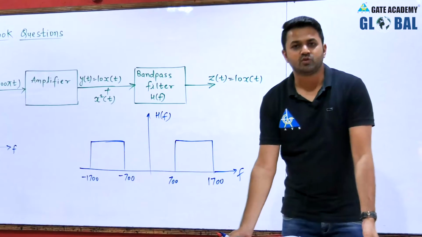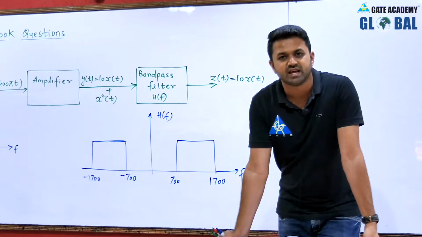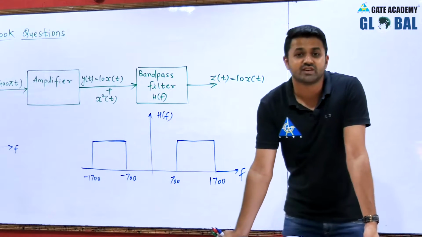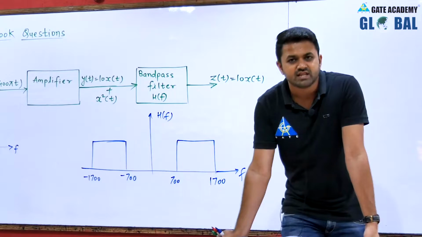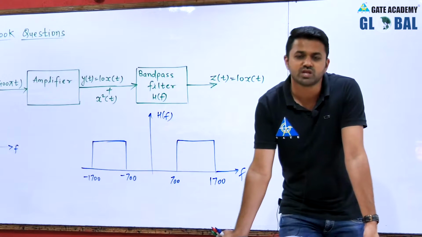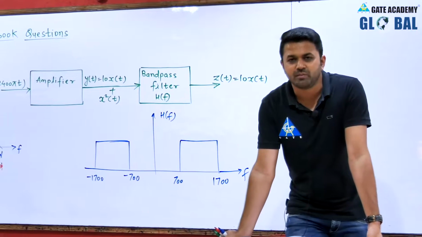Once we know the spectrum of y(t), we can calculate what frequency components are present in y(t), and then we can decide what frequency components will pass through the band pass filter and what will not, and according to that decide the output of the band pass filter.